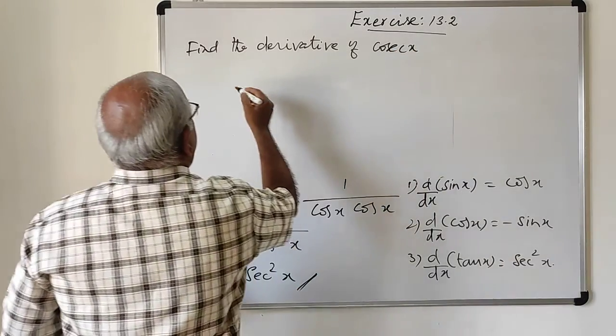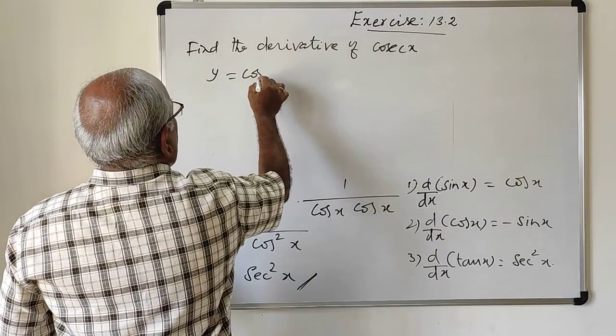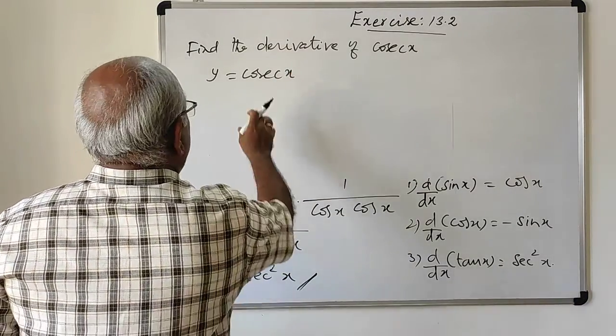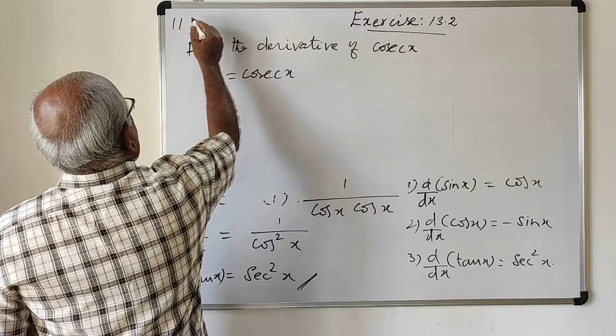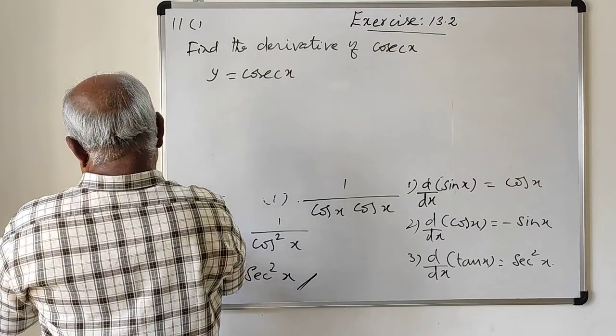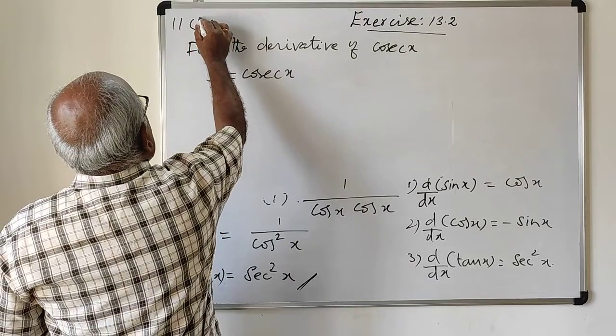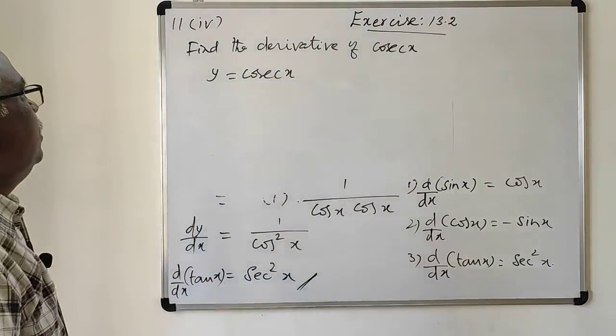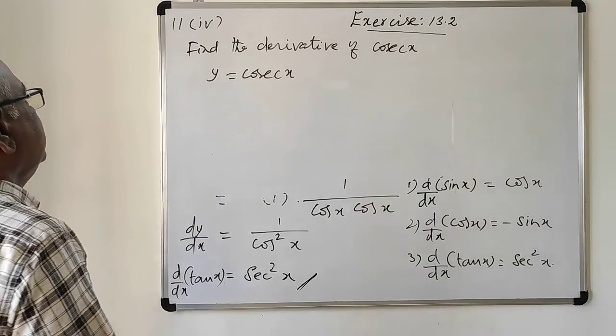You consider y equal to cosecant x. This is actually given in your exercise as the 11th problem, fourth subdivision. Find the derivative of cosecant x.